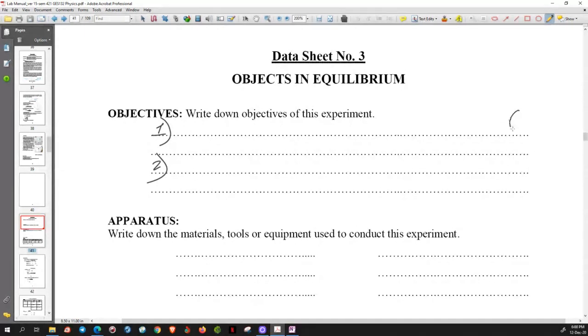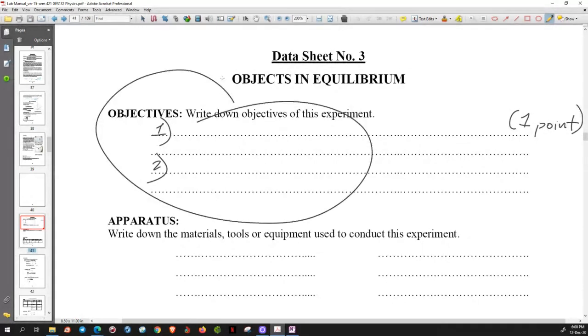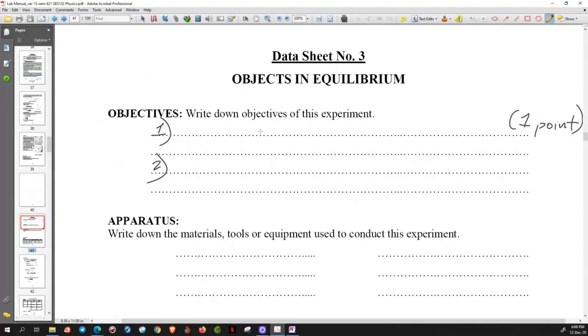On the right side of the paper, you will have the number of points. So for example, 1 point or 1 mark, that means all the objectives together are equivalent to 1 mark. If you have 2 objectives, then you have to divide 1 point by 2. That means 0.5 each, half and half.